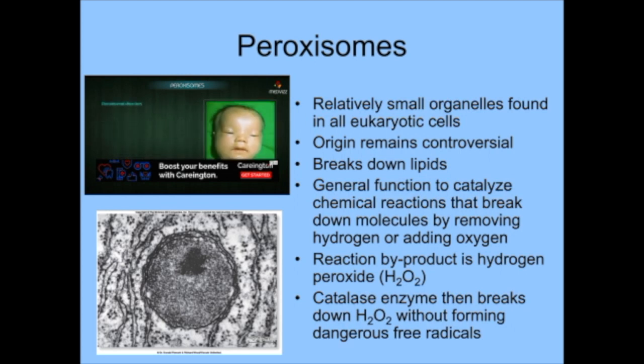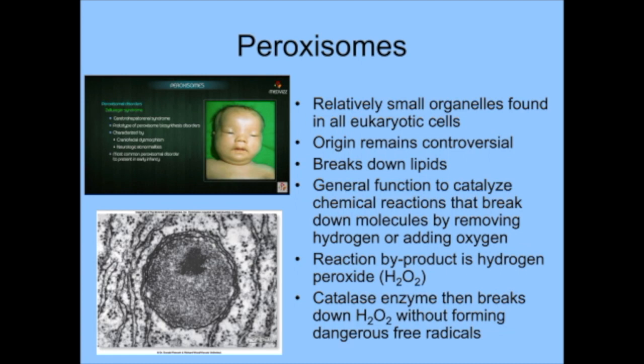Peroxisomal disorders: Zellweger syndrome. Zellweger syndrome is also known as cerebral hepatorenal syndrome and is the prototype of peroxisome biosynthesis disorders. It is characterized by craniofacial dysmorphism and profound neurologic abnormalities. Zellweger syndrome is the most common peroxisomal disorder to present in early infancy. Genetics.